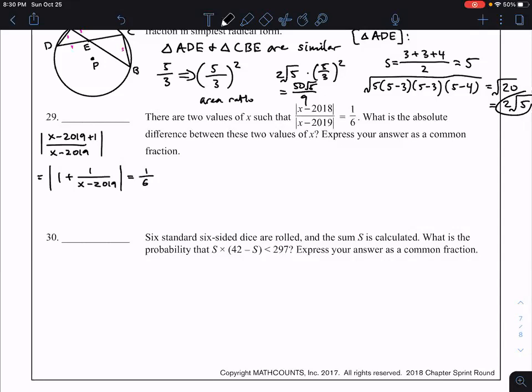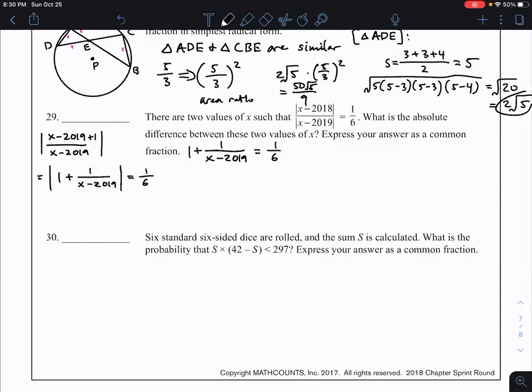So you have two cases. Case one is when 1 plus 1 over x minus 2019 is equal to positive 1 over 6. So you can solve for x here.